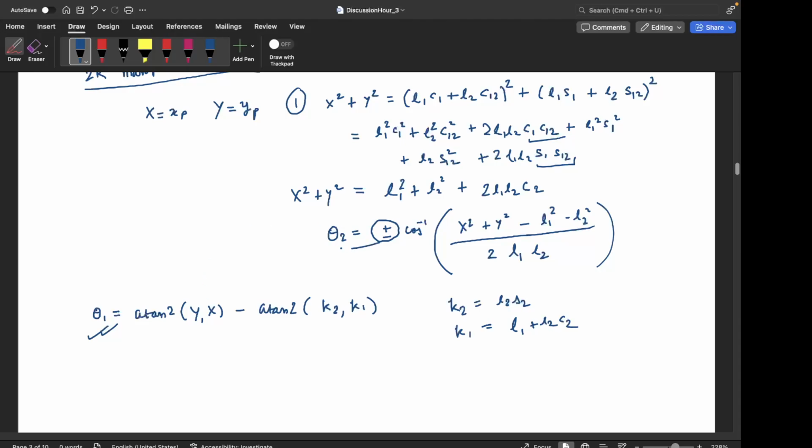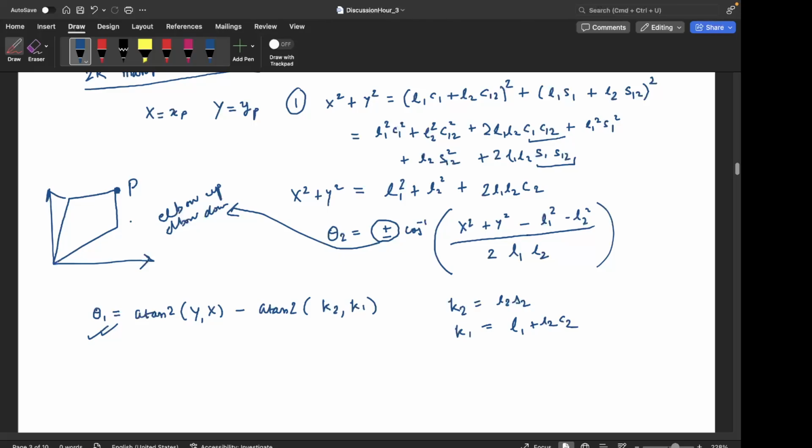And this plus minus basically corresponds to two configurations, commonly known in the case of the 2R manipulator as elbow up and elbow down. What this means is that if I have to make my manipulator reach this point, then I can go like this or I can go like this.